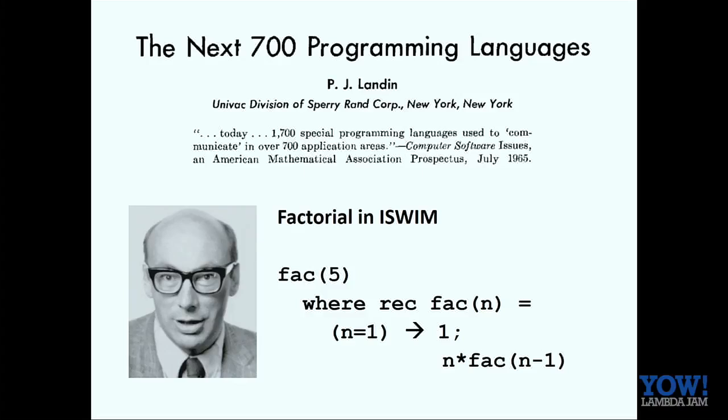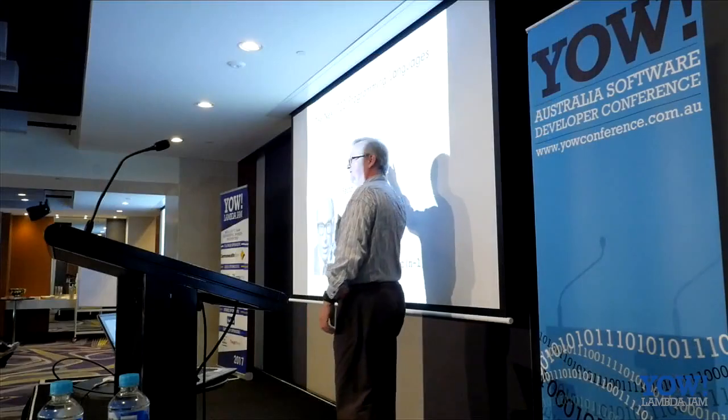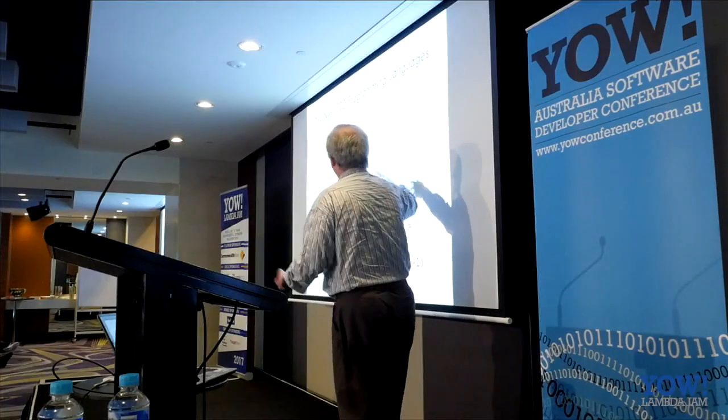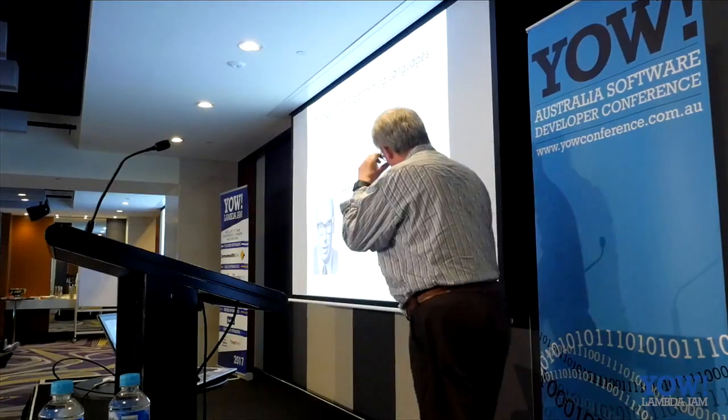Well, Landin thought that was 1,699 too many. All we really need, surely, is one programming language, his programming language, ISWIM, which stands for If You See What I Mean, and 700 libraries for tackling different application areas. So, you know, quite a modern approach.